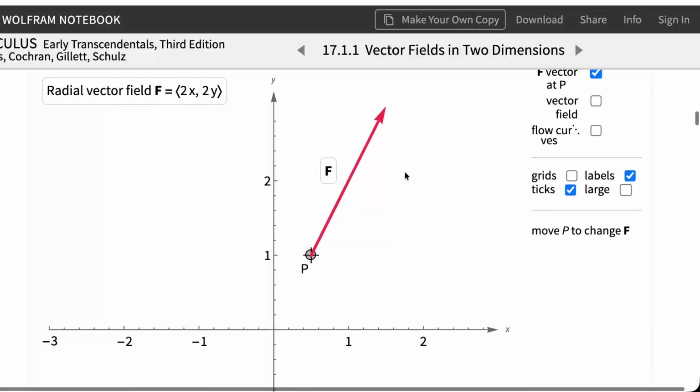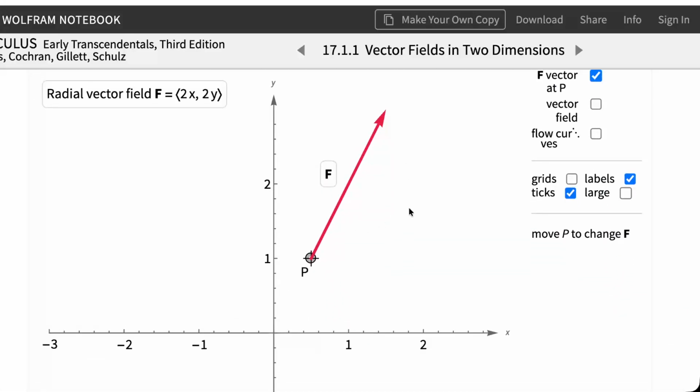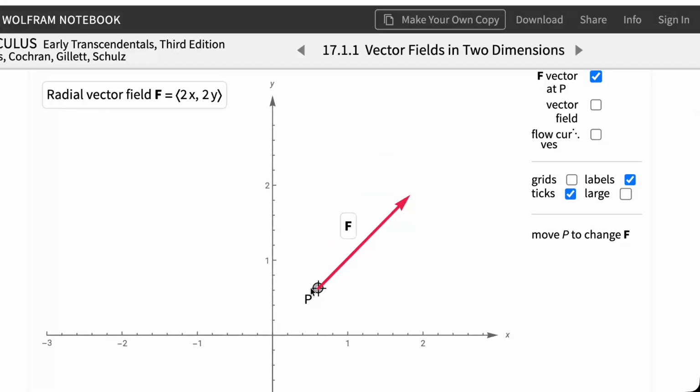And here's a mapping of that. What's going on here is I can move this plot point P. You just click anywhere else new and it gives you a new P. You see the position vector for P here is about 2/3, I guess.